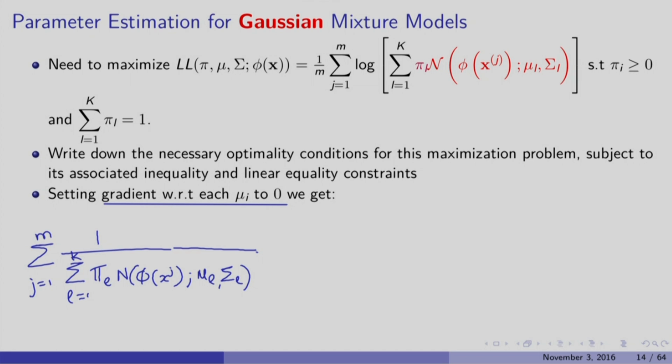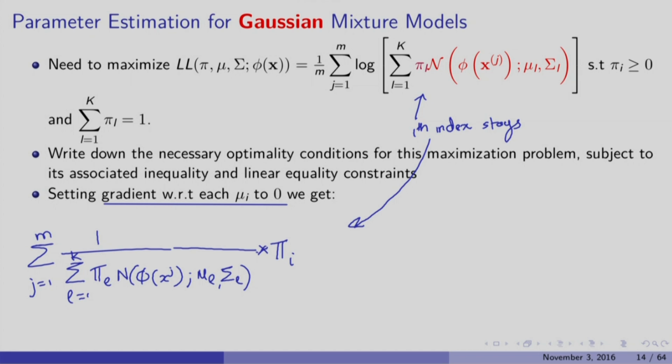Thereafter only that term in the summation which involves the ith index will stay. So what that means is we will next by chain rule multiply with pi i.